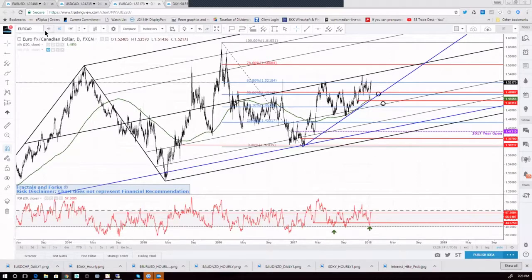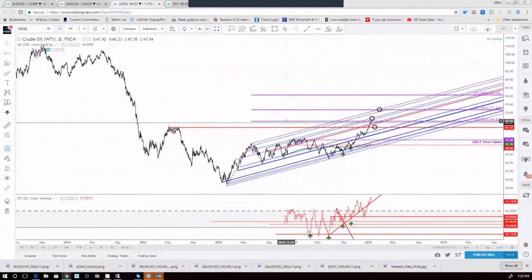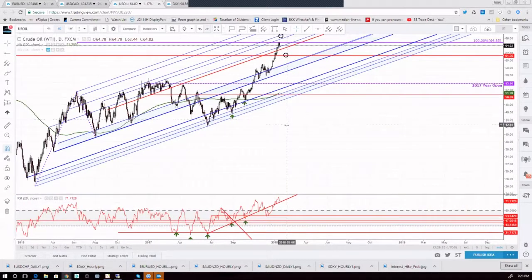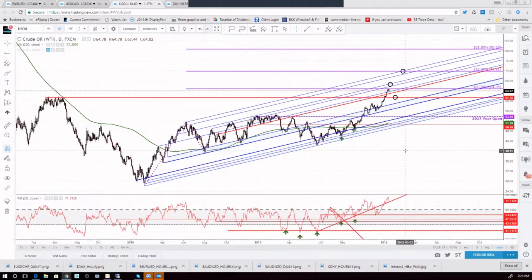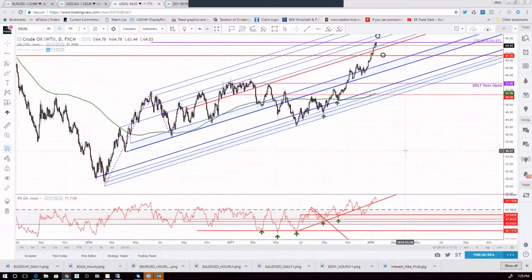Okay, what else? Oil. US oil. Tried a few shorts and I got stopped out because the stop was just placed stupidly. But it does look like, even though it looks the same as all the other pairs, some indecision here, but got rejection here at 64.85.